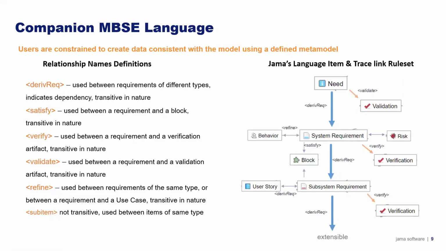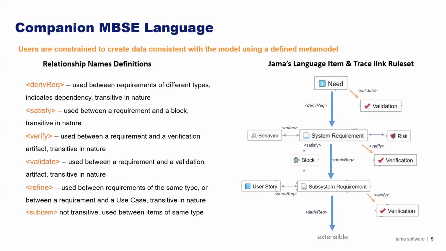Companion MBSE is pre-configured with a meta model that governs which elements are allowed to be connected together and which type of trace link names are used when elements are connected. For instance, a need can be related to a validation test and its relationship name is validate. A system requirement can be related to a system architecture block and its relationship name is satisfies.